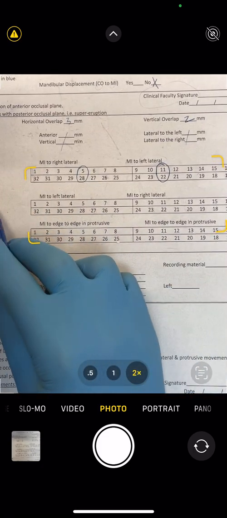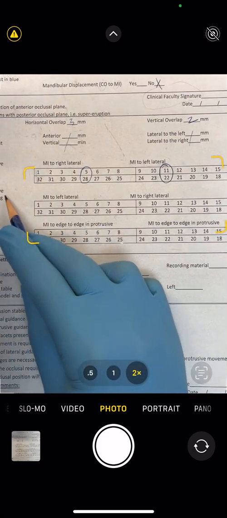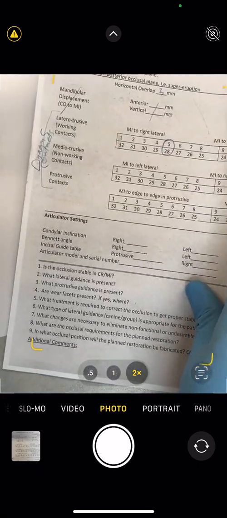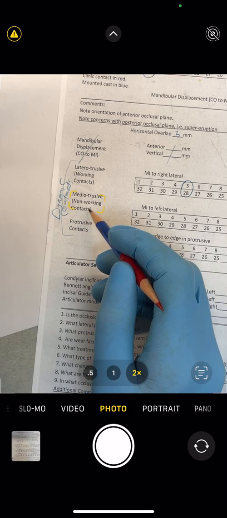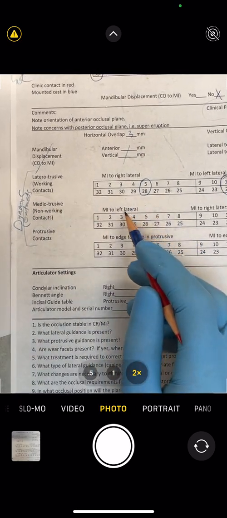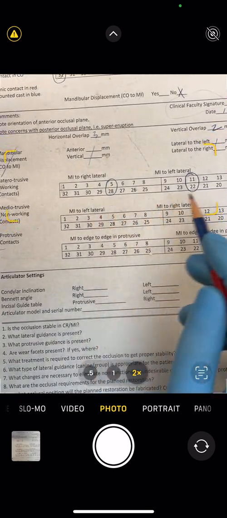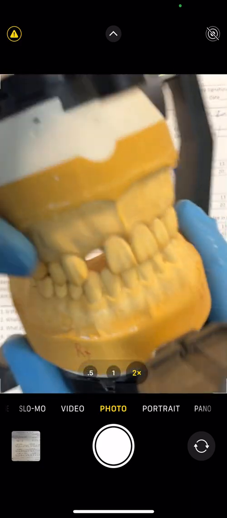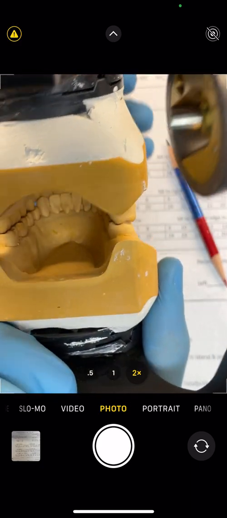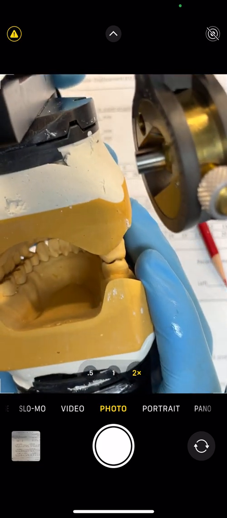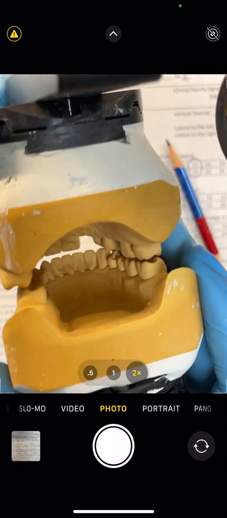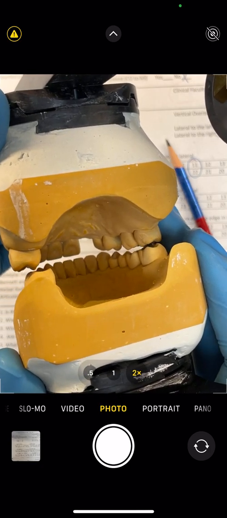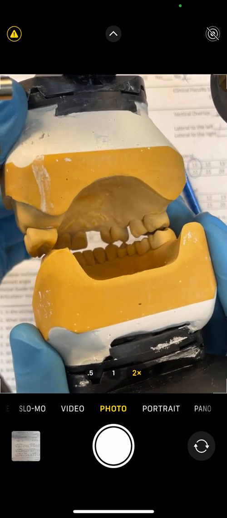Medial-intrusive contacts or non-working contacts are non-desirable contacts. We don't want to see them, so we will check those on the patient right side and patient left side, from the other side. Again, on this side we have the premolar contacting.